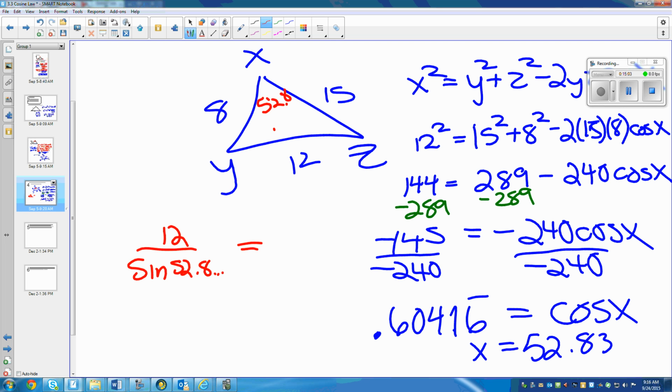Y. So that's 15 over sine y. So when we cross multiply, we get 12 sine y is equal to 15 sine of 52.8. So to get sine y alone, I divide by 12.